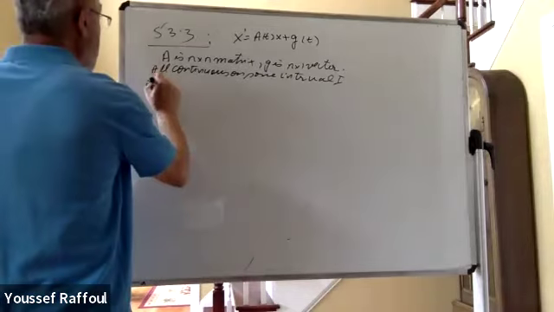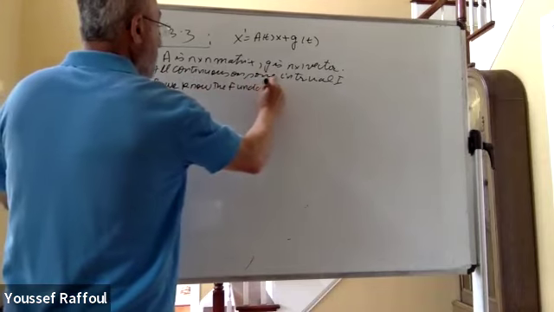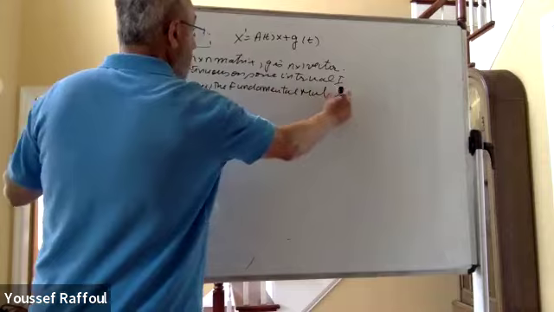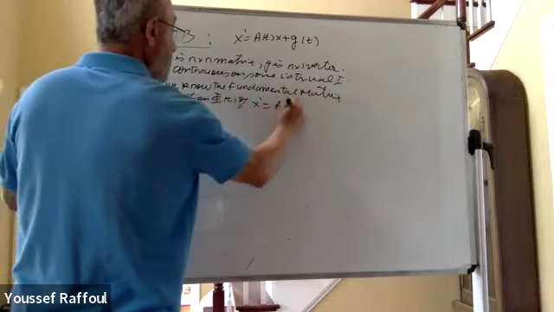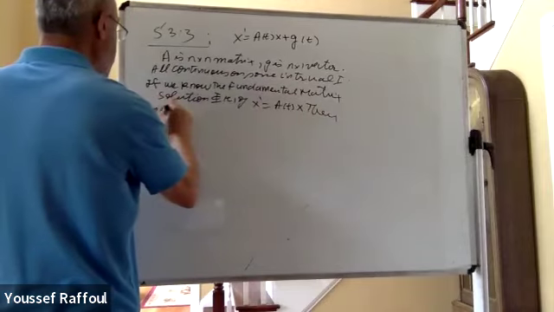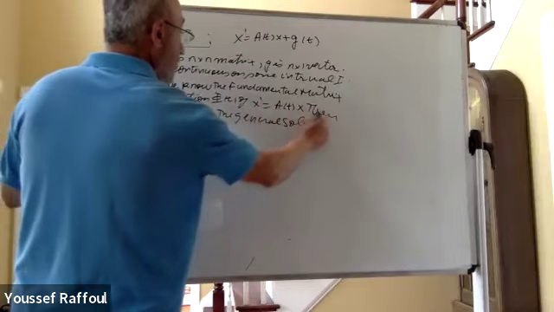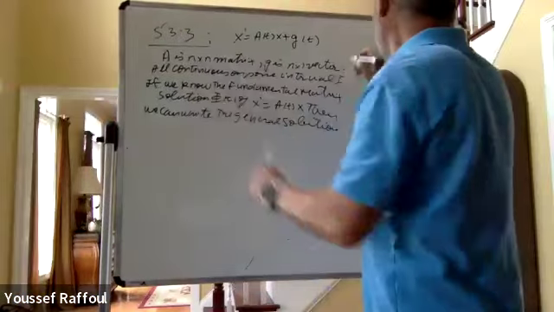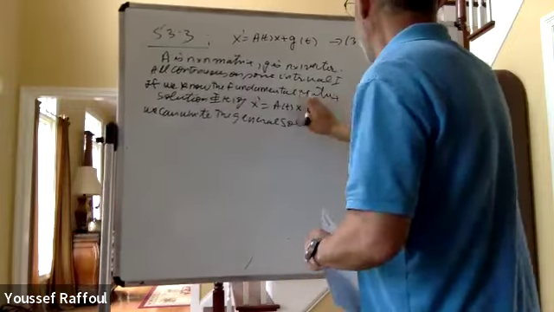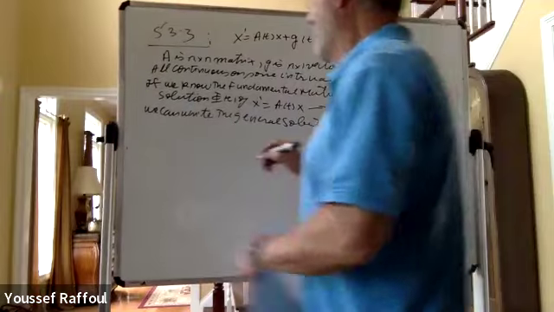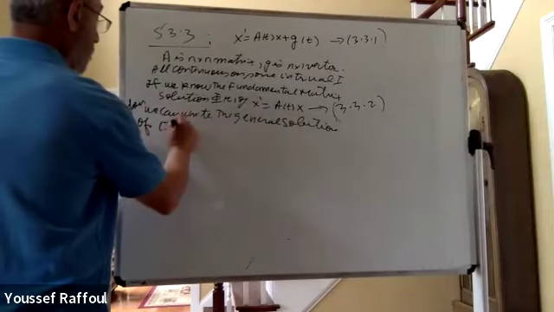So if we know the fundamental matrix solution phi of t of x prime equals A(t)x, 3.32, then we can write the general solution of 3.31.